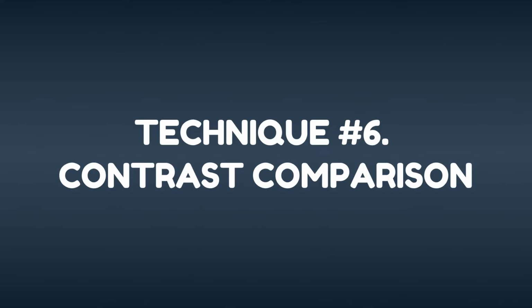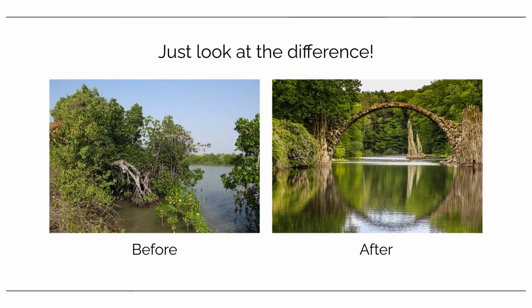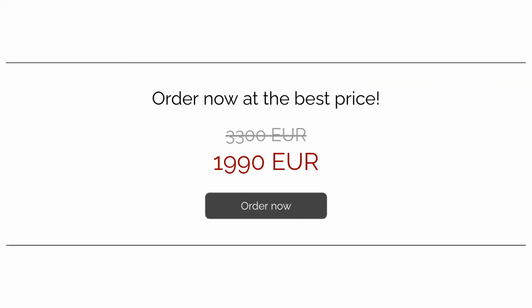Technique number 6. Contrast comparison. This is one of the simplest yet effective techniques. It is based on the fact that the brain intensively perceives certain aspects in comparison. For example, for these purposes we can use the photos before and after, or show two prices. One is high and crossed out, and the other is lower and more attractive.